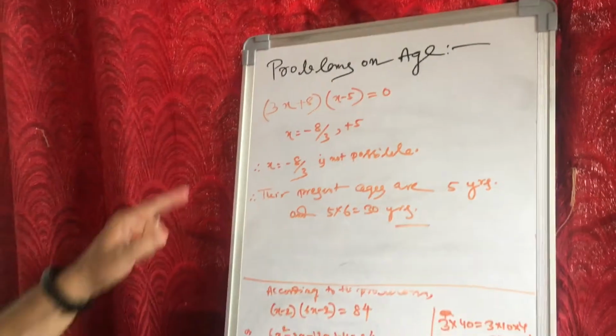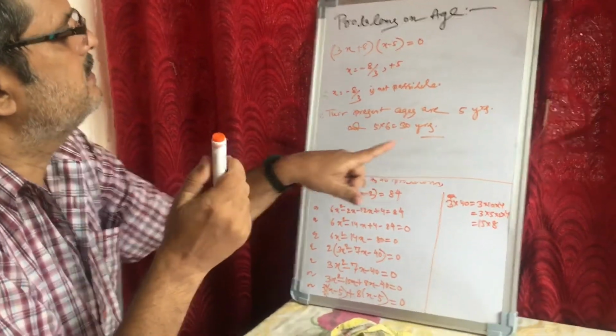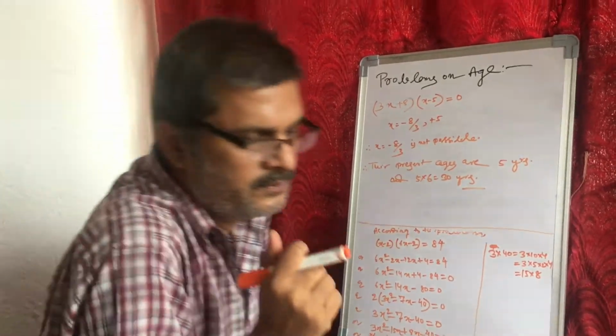Okay. Now this is the process to solve, and the present age of the son is 5 years and his mother is 30 years.